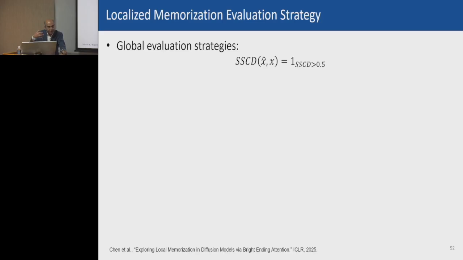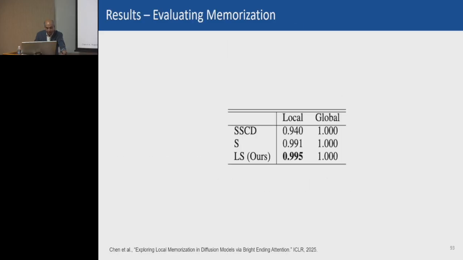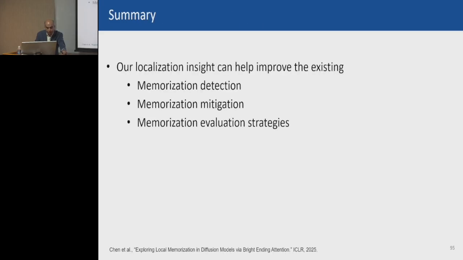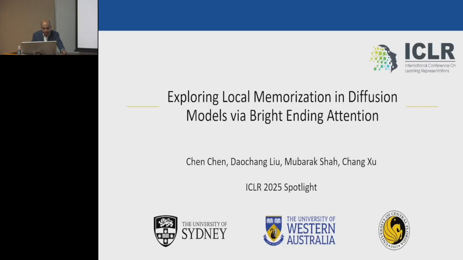So also we can use the same approach for evaluation, just include the memorization mask, and it works pretty well. And as you see in these results, we can improve on the local memorization, which is a problem. So in summary, we have this new method, Bright Ending, which can help us with detection, mitigation, and also evaluation of these, and it's effective in extracting the local memorization mask.